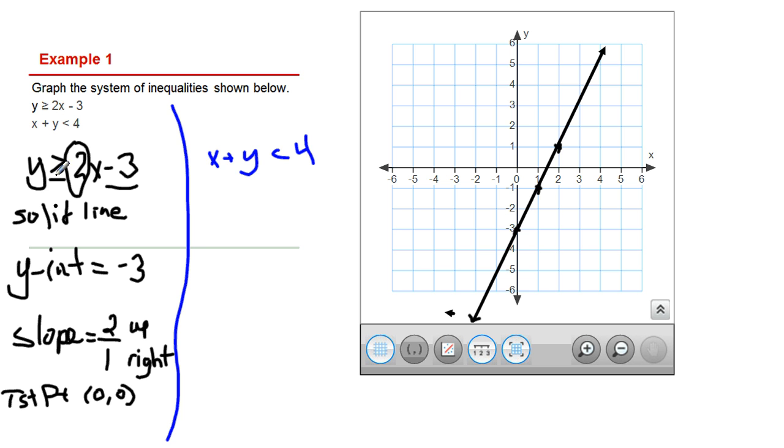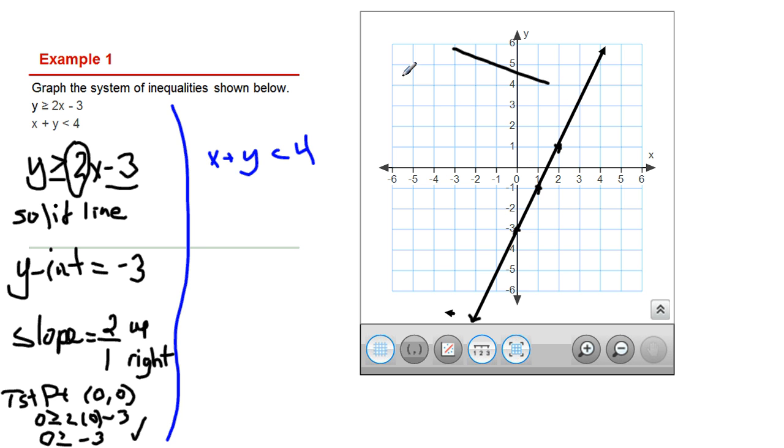If we plug this in, we're going to get 0 greater than or equal to 2 times 0 minus 3. Once you work it out, 2 times 0 is 0, minus 3. So 0 greater than or equal to -3. Well, that's a true statement. So here's where 0, 0 is at. So we would shade on this side of the line.